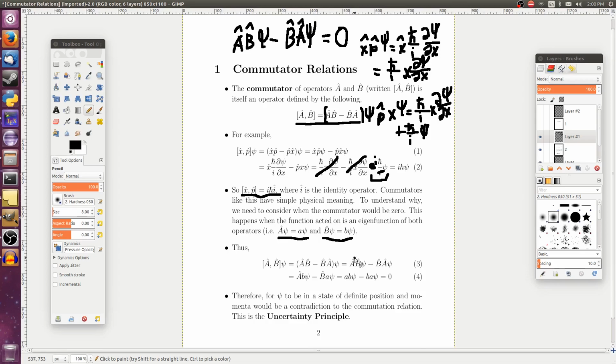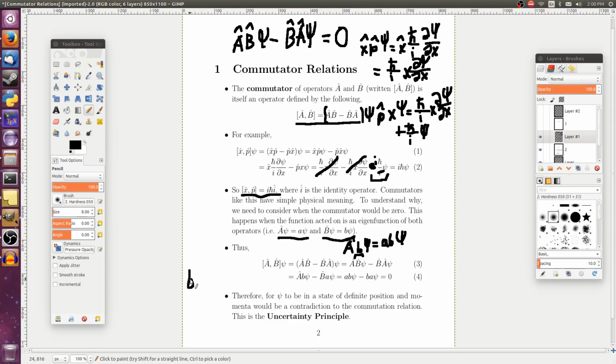So what's B hat acting on psi? Well, that's going to be B times psi. And then if I act on that with A hat, I'm going to get A times B times psi. And with the other one, if I act with A hat first, then I just get B hat acting on A psi.